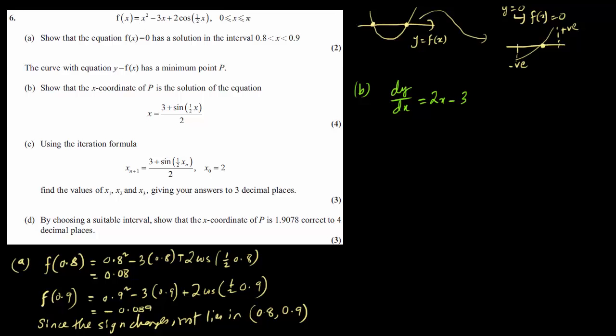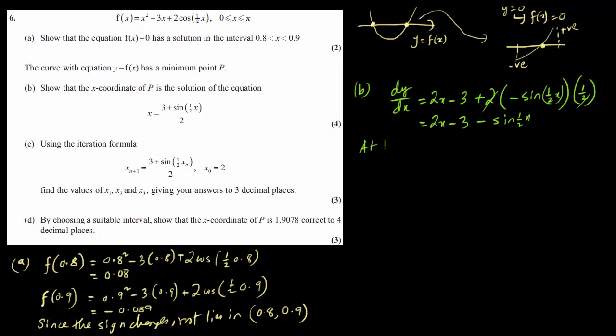Thrice x derivative is 3. Plus 2 is the constant, cos theta is minus sine theta, into chain rule, d by dx of half x is half. So it turns out to be 2x minus 3 minus sine half x. This 2 and this 2 cancel off.